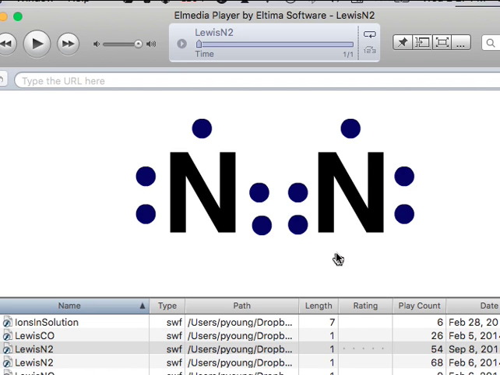Still not quite 8, is it? So in order to get to 8, we have to take this guy, move it in, take this guy, move it in, and presto, we have 6 shared electrons, so 6, 7, 8, 6, 7, 8.